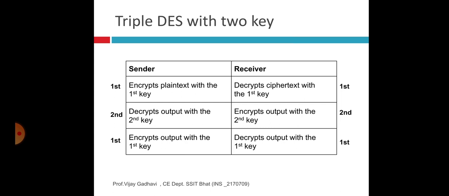In the second step, the sender decrypts output with the second key, and the receiver encrypts output with the second key. In the third step, the sender encrypts output with the first key, and the receiver decrypts output with the first key. This is the conversion from plaintext to ciphertext by using various encryption standards, either DES, double DES or triple DES.